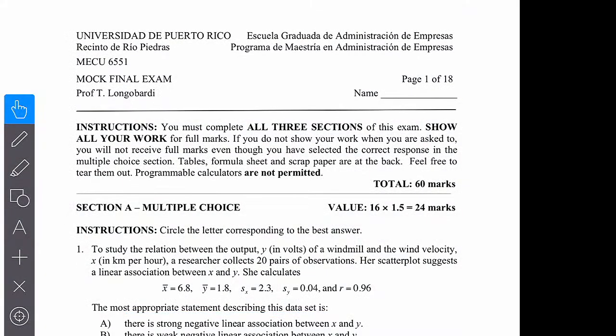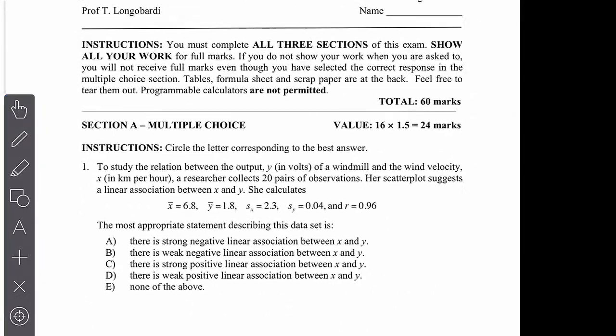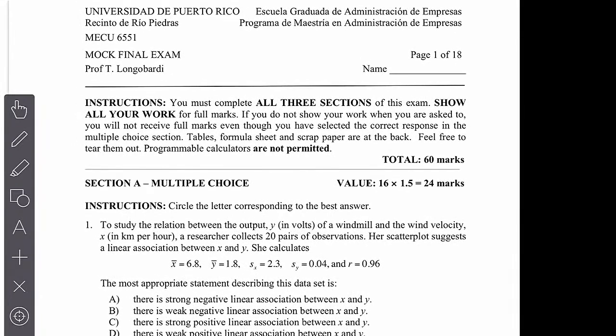The mock exam has the solutions. I provide you with the solutions. So this is what it looks like, right? So the mock is the same layout, same distribution of problems.